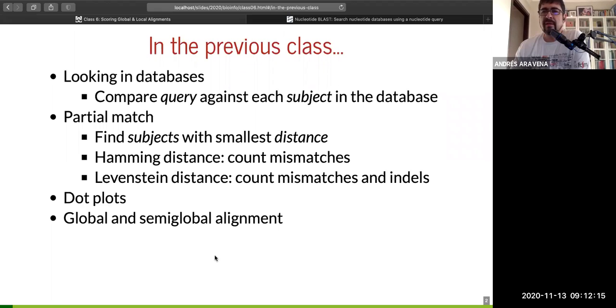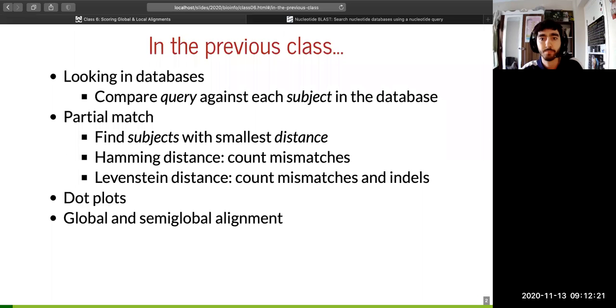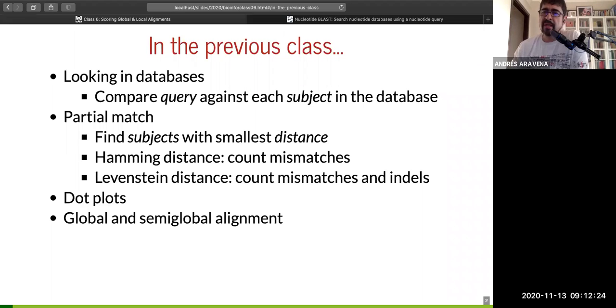Yeah, well, very different, because in general, in all these alignments, they will have different lengths. Sometimes they have the same length, but in general, they have different lengths. Now, the semi-global is typically when you have a gene and you are comparing with a genome, something that is several orders of magnitude bigger.